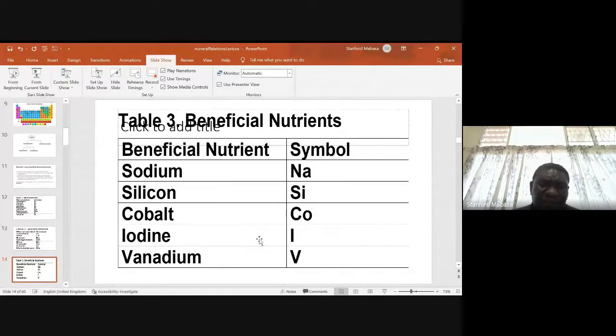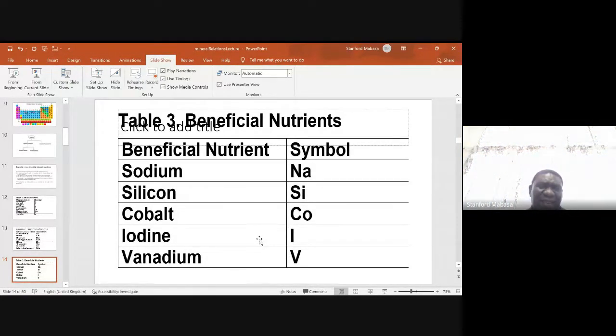Table 3 has got what we call beneficiary nutrients. I mean, the plant can do without these. For example, sodium, silicon, cobalt, iodine, and vanadium.